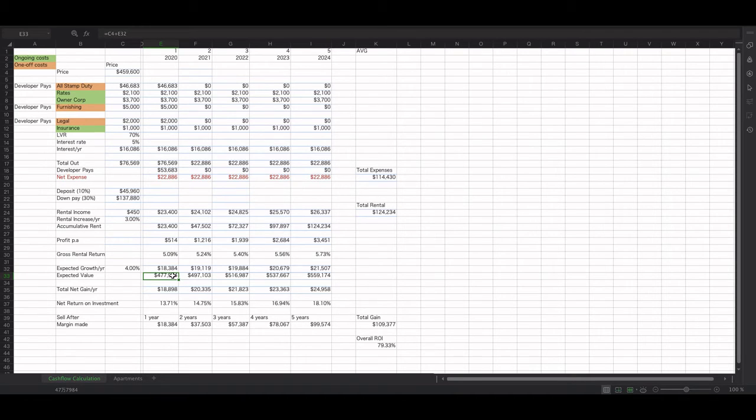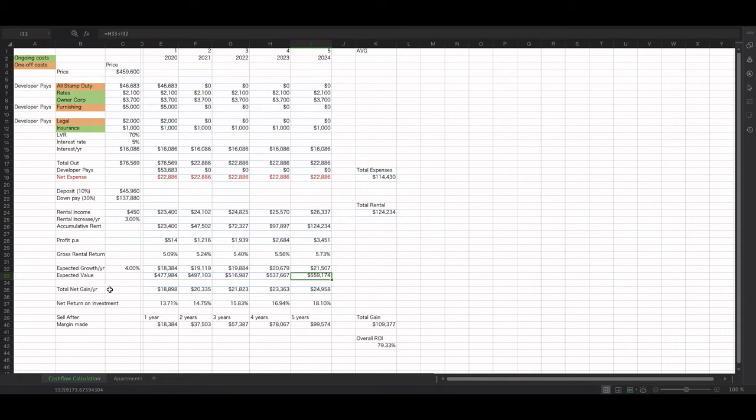Again, you're using compound growth here. So every year you can see the expected value of the apartment would grow. By the time you reach the fifth year, we would expect the value of the apartment to be close to $560,000, which would be about $100,000 more than the actual contract price that we bought at 5 years ago. Again, using compound growth of 4% year on year.